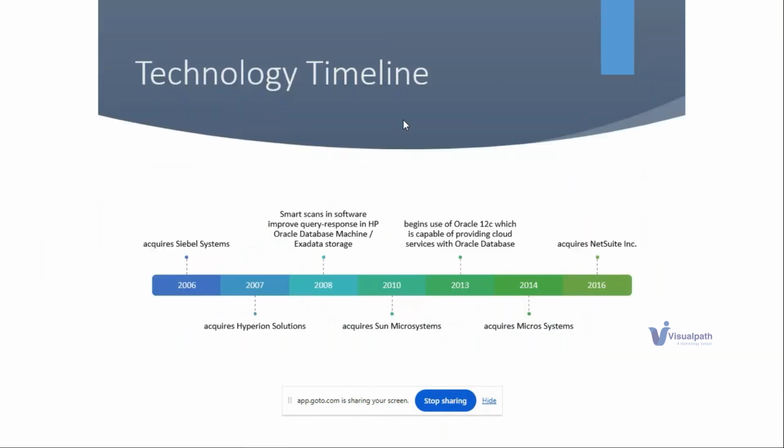This is the technology timeline. How did it start? In 2006 and 2007 Oracle acquired Hyperion, and in 2008 Smart. Year by year Oracle improved: in 2010 it acquired Sun Microsystems, in 2013 Oracle Cloud, and in 2014 NetSuite.